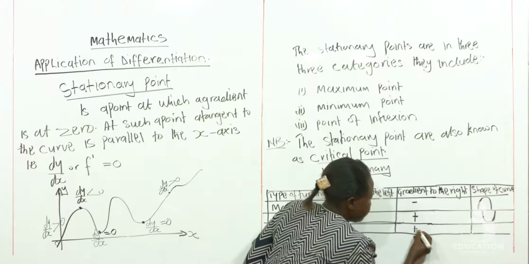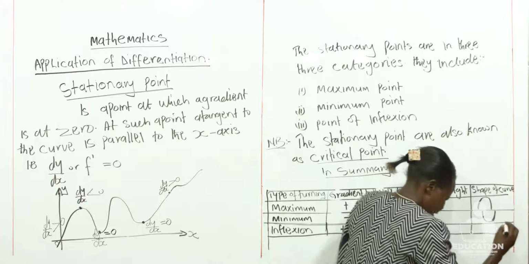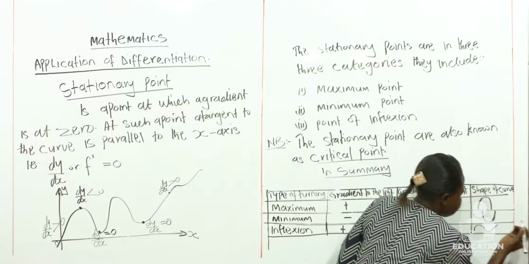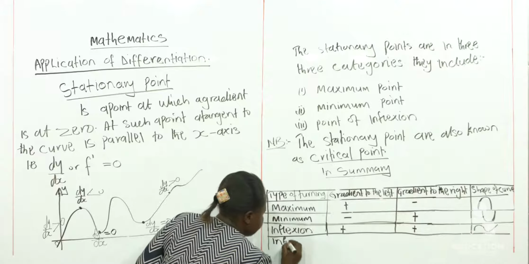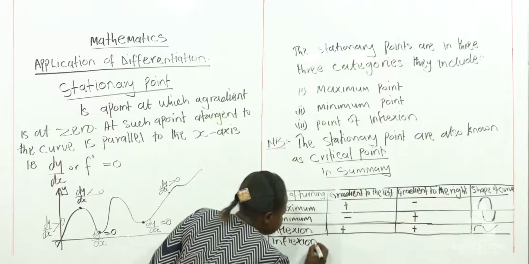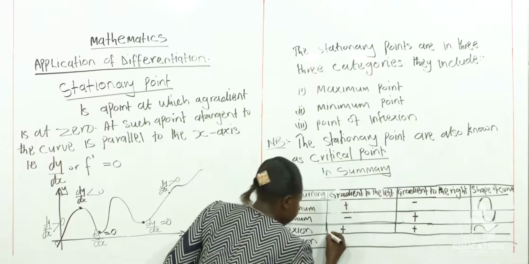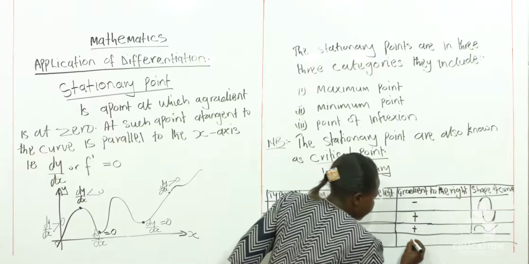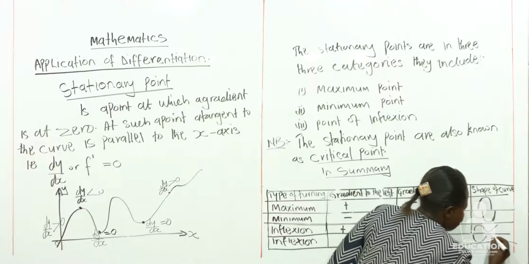Here will also be positive. And then the kind of curve that will be given to us will be in that nature. And if it is a negative inflection, then we find left is negative, right is also negative, and then we shall have a curve in that nature.